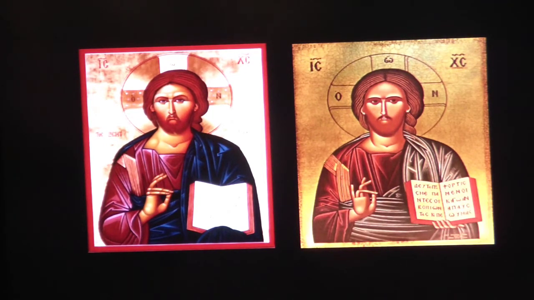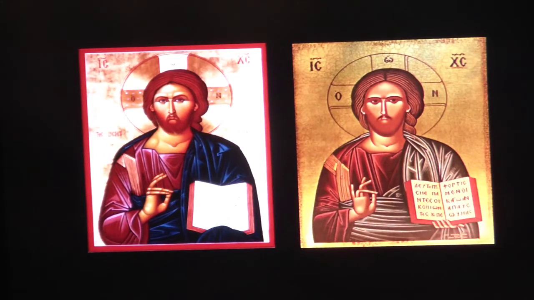And going back to your question, something that is very unique about an icon of Christ, and that is very striking in this icon, is this halo, right? Only the halo of Christ has a cross on it, okay?